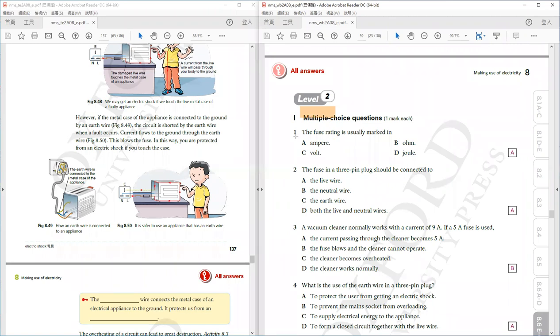They want to limit the current, therefore it's marked in unit ampere.